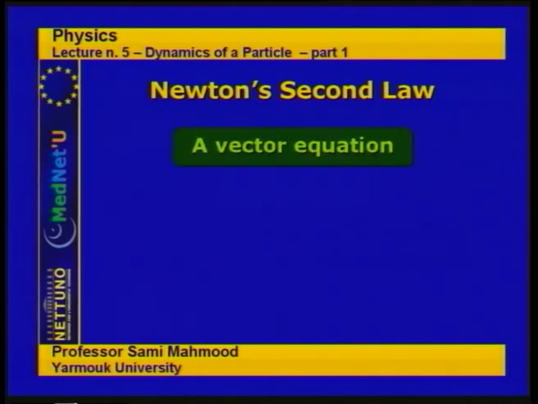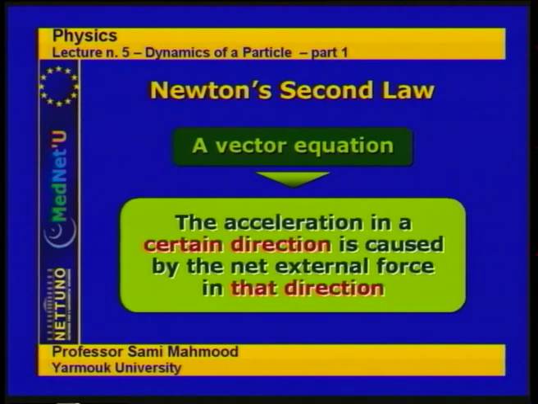Notice also that this equation is a vector equation, which implies that it can be analyzed into 3 different equations, each one of them in 1 dimension. The acceleration in a certain direction, for example, the acceleration in the x direction, is caused by the component of the external forces in that direction. So the x component of the external forces would lead to the x component of the acceleration.